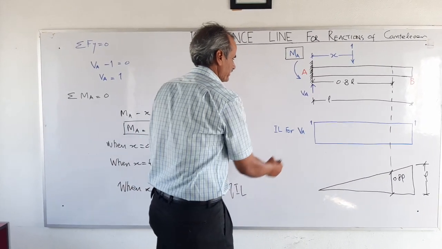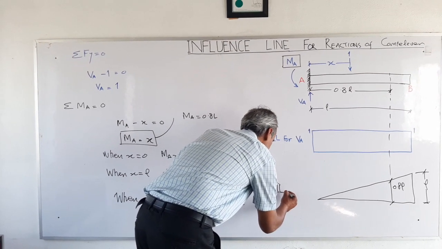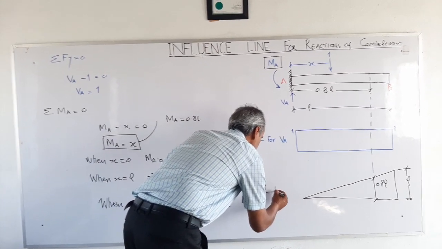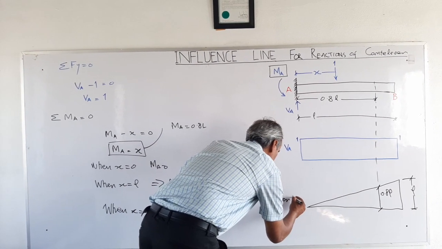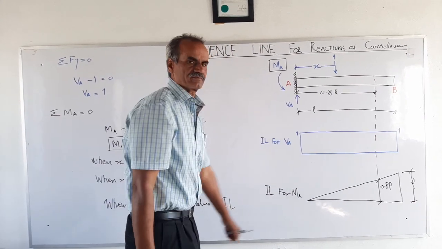This is the influence line diagram for VA, and this is the influence line diagram for the moment reaction at A. Thank you very much.